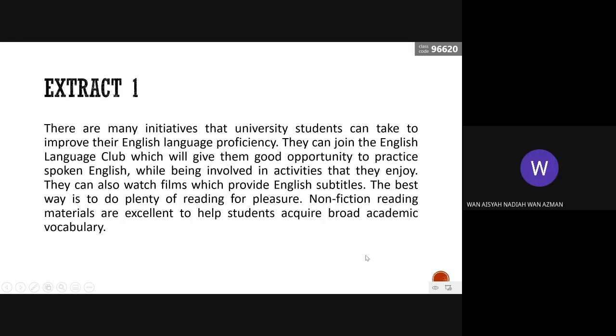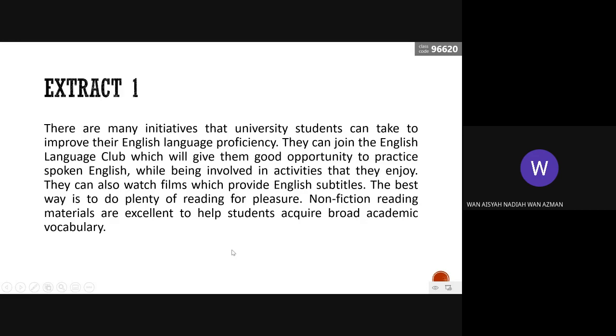Which one is the topic sentence? Initiative that university students can take to improve their English language. Yes, very good. So the first sentence here is the topic sentence. In this extract, it appears at the very beginning of the paragraph.